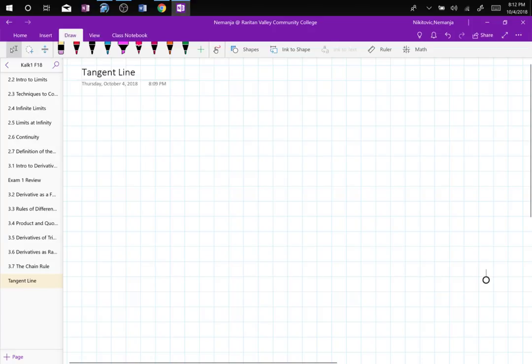So the procedure for the tangent line is you get the slope, you have the point, and just use the algebra to put the line together. The slope you will get through the first derivative.